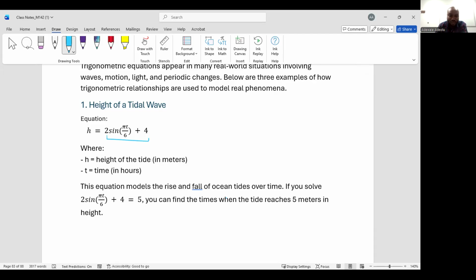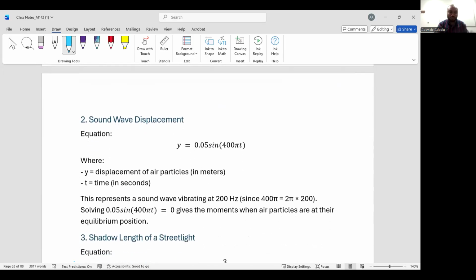So we can ask the question of when, that is the time, when is the height of that tidal wave equal to 5 meters, right? So we can ask that question. We can also proceed to another form of wave, sound wave, for example, which is represented by something like this.